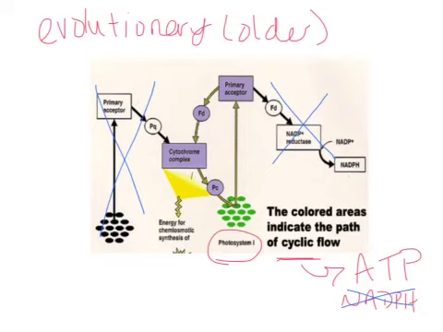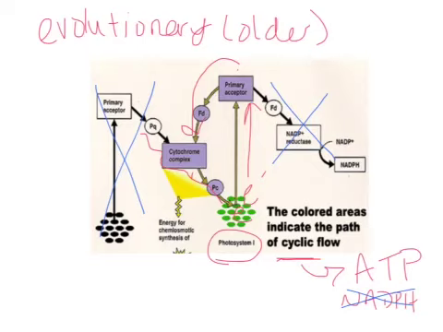If you remember, as the electron travels down this electron transport chain, it ends up back in photosystem 1. That's what we mean by the electron is recycled.